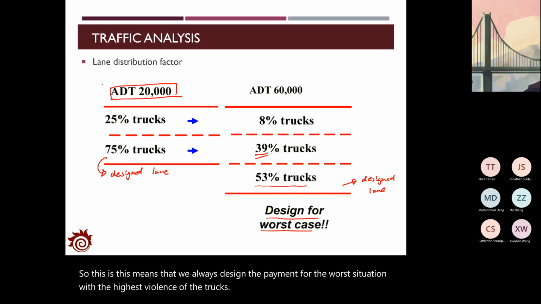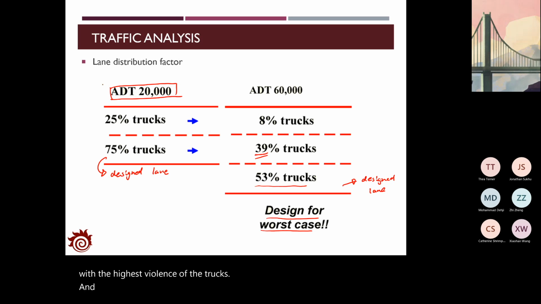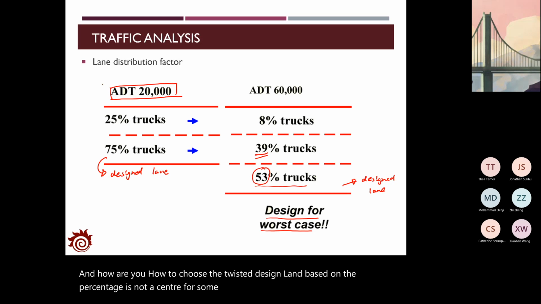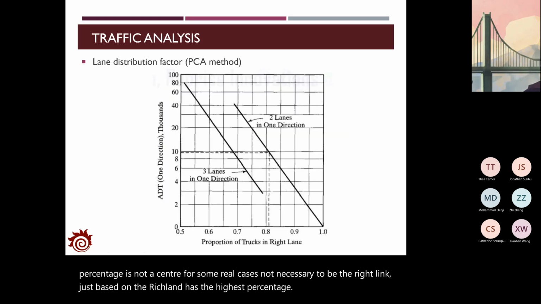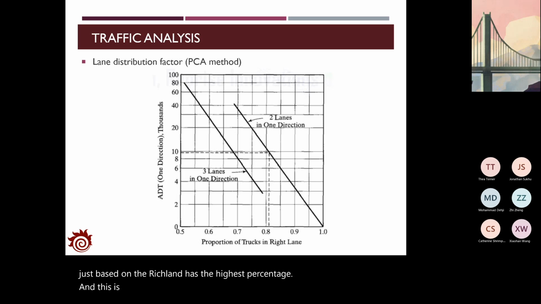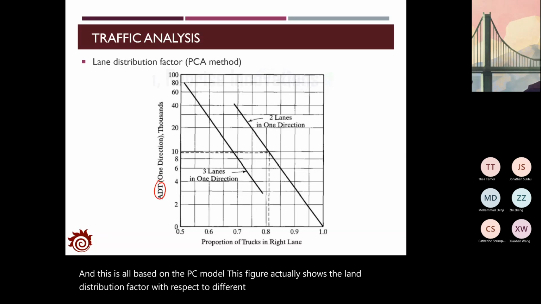And you have to choose the design lane based on the percentage. It's not necessarily the right lane, just whichever lane has the highest percentage. And this is based on the PCA model. This figure shows the lane distribution factor with respect to different average daily traffic.